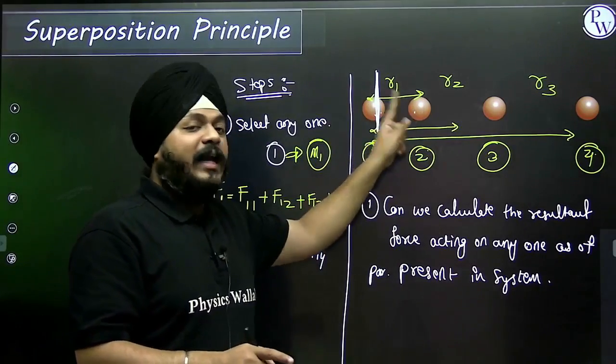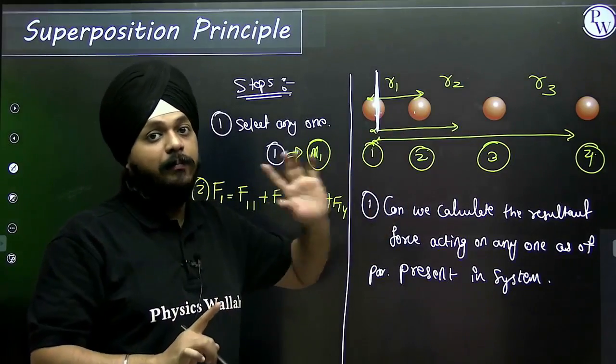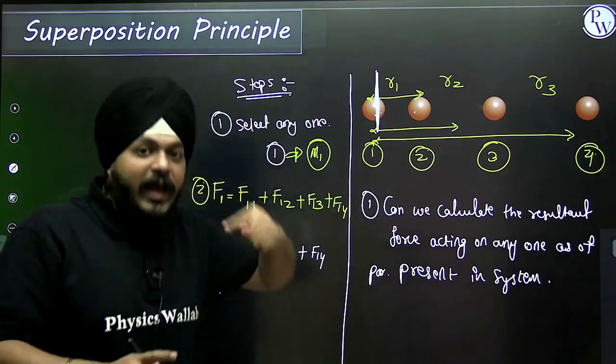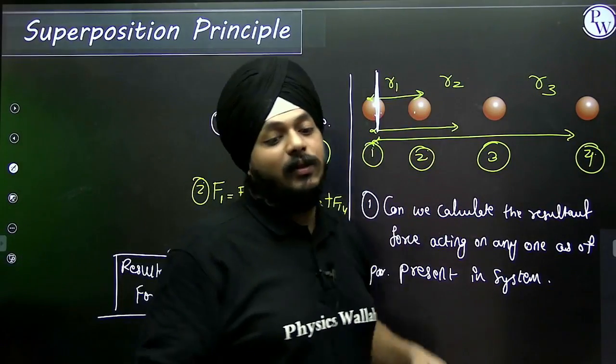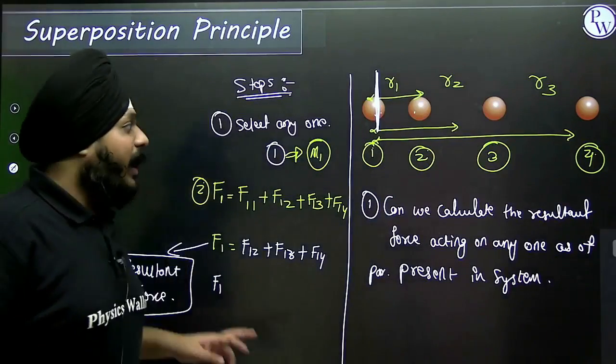The force acting between two particles is G m1 m2 by r square, but the resultant force involves the presence of more than two particles in the system. This is what the resultant force is all about.